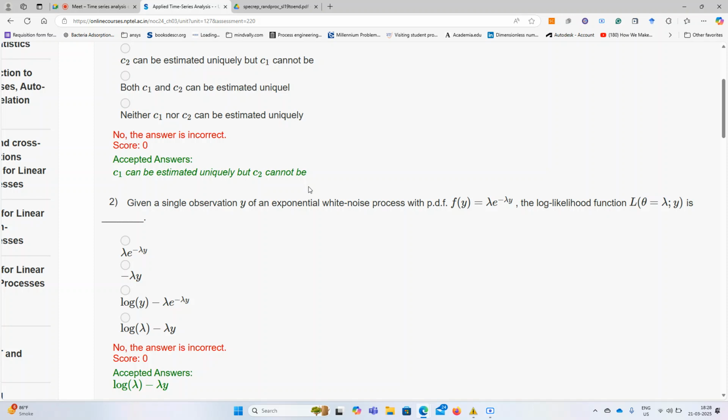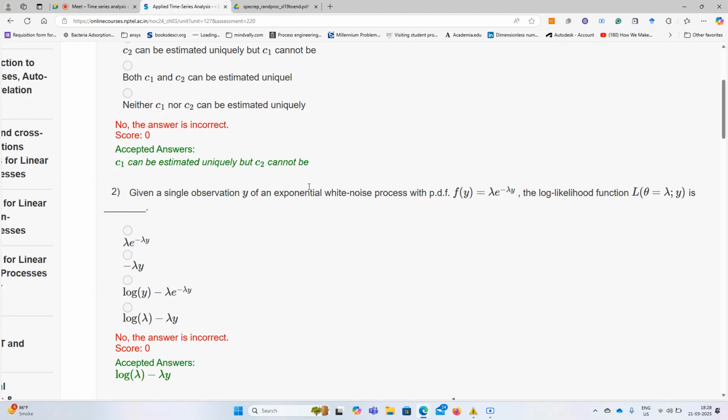Given a single observation y of an exponential white noise process with PDF, and a log likelihood function L, where theta is equal to lambda for all y, it's very simple.